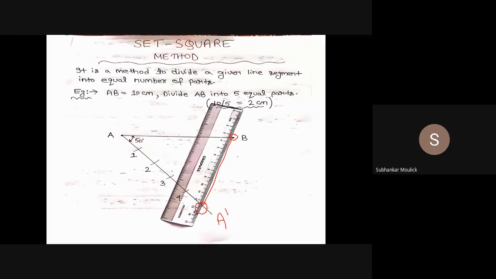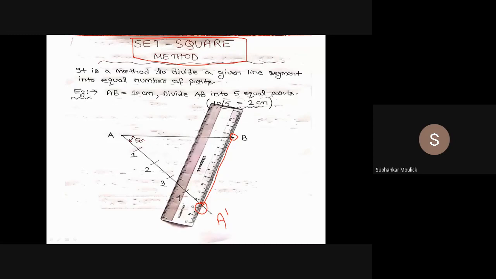What is the next method? Now I will use this set square to draw parallel lines passing through arc point number 4, arc point number 3, arc point number 2, and arc point number 1. Those parallel lines will intersect the given horizontal line AB.